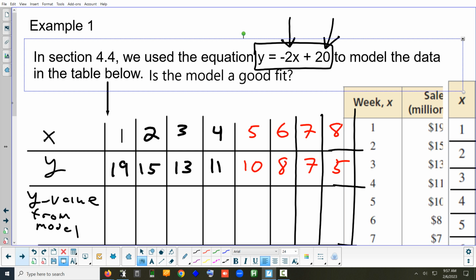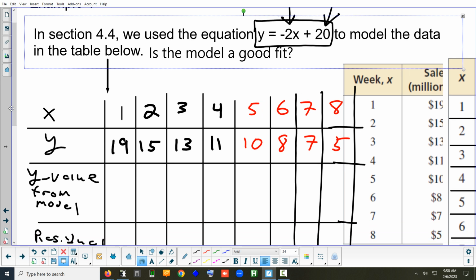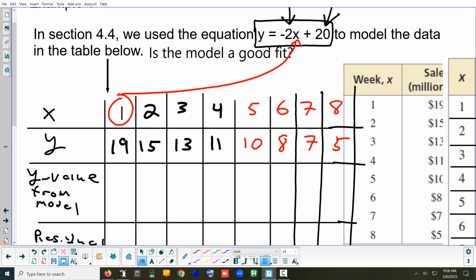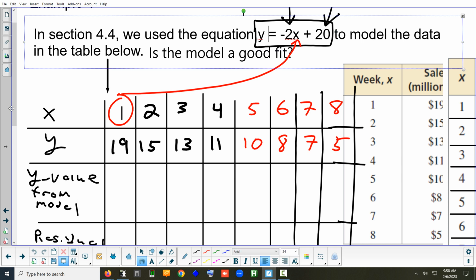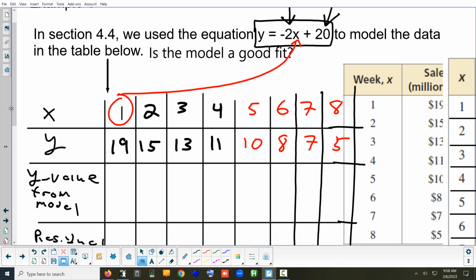So what's our first x value in that table? 1. So you're going to take the 1, plug it into the formula, and put the answer right here, where it says what's the y value you get if you use your model, which is your formula. All right, Caleb, what's -2 times 1? -2.